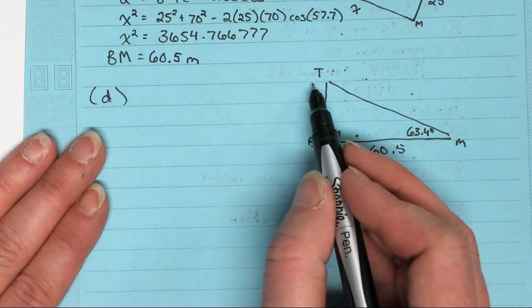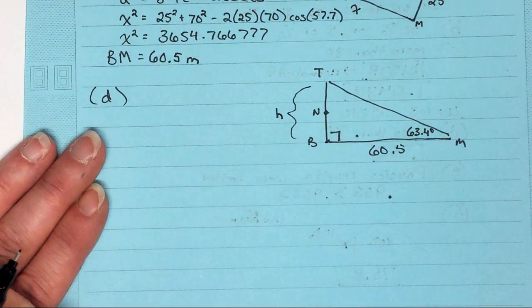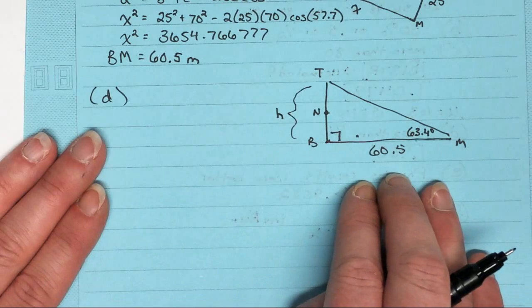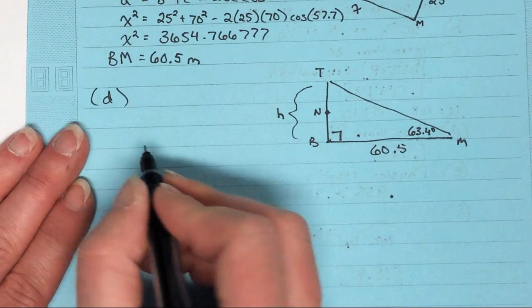So how tall is this whole side? I'll call it the height. How is that related to the angle we know? Opposite, and 60.5 is adjacent. Which one uses opposite and adjacent?